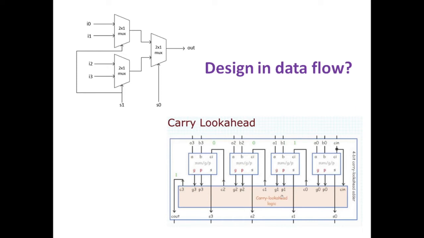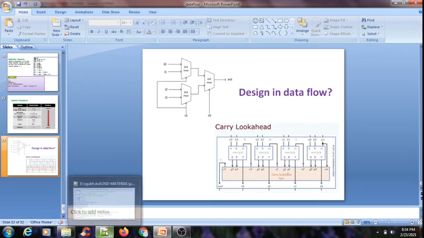I have here a 4x1 multiplexer and a carry look-ahead logic. I will describe how to design this 4x1 multiplexer using data flow abstraction, and the carry look-ahead is treated as your homework. The 4x1 mux has inputs I0, I1, I2, I3, selection lines S1, S0, and the output is the variable out.